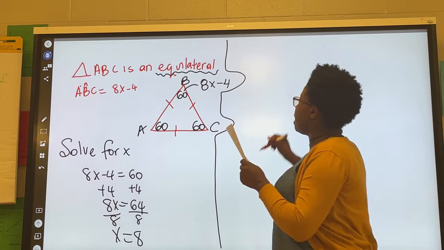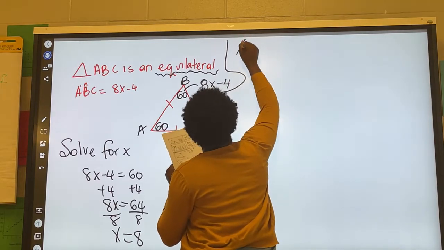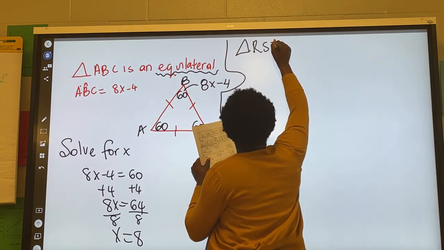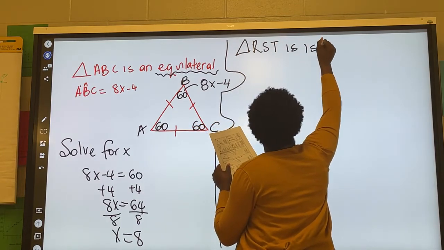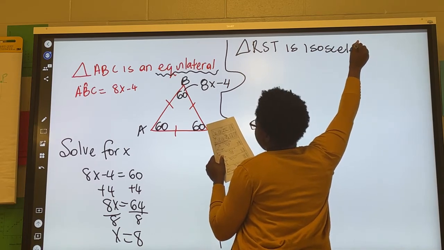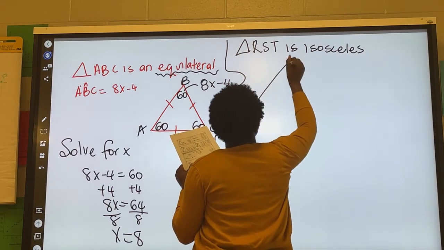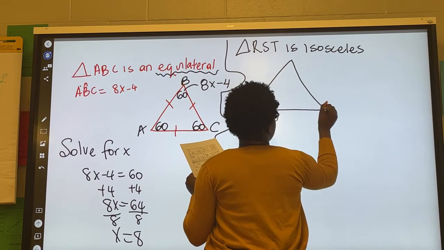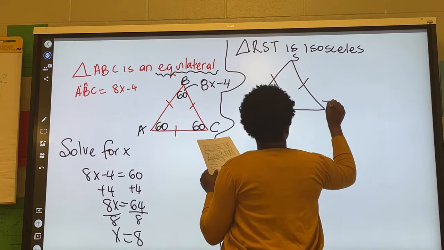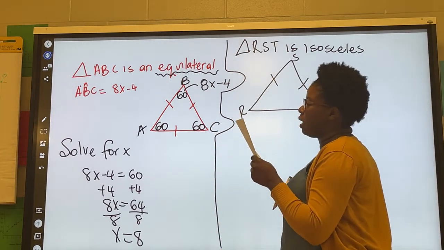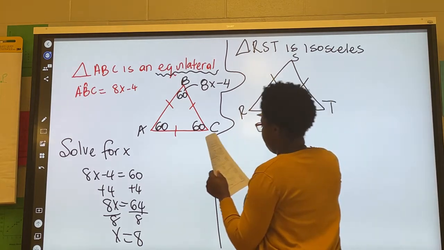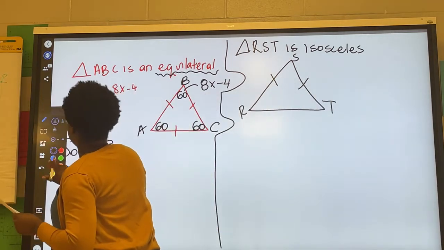The next one says triangle RST is isosceles where, let me draw something here so I can figure where to put this, RST. So they're saying that the length of RS, let's change the color for a minute.